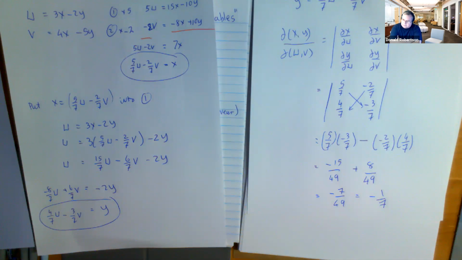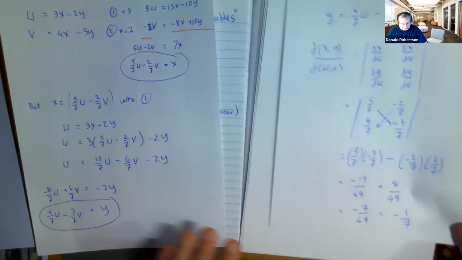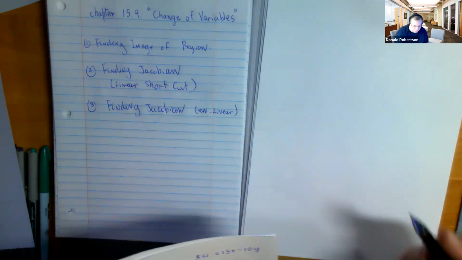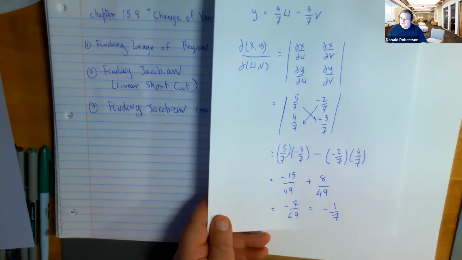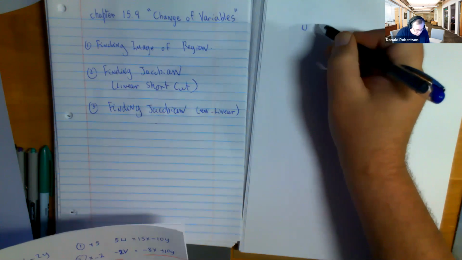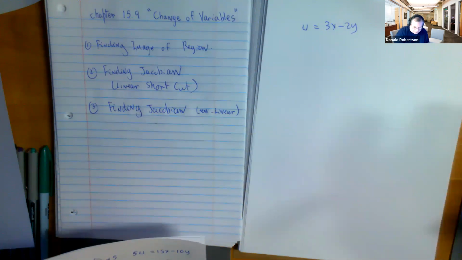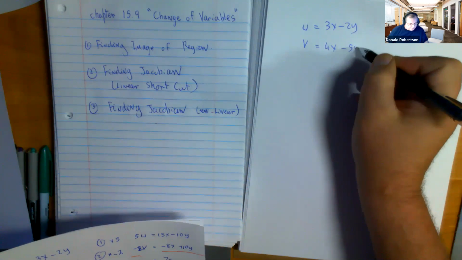Quite messy. It's not hard, I guess, but isn't it quite long and messy? Now I'm about to show you the shortcut. Same question, shortcut. Right, we already know the answer, right? The answer is negative 1/7. So let's see how the shortcut works. We have u equals this fella. We have v equals this fella.